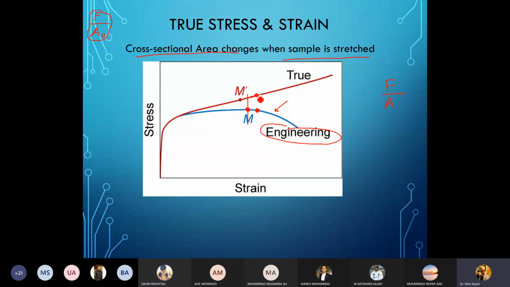If I actually look at the stress acting on the material, it is this stress. This stress, which is true stress, is calculated based on force divided by instantaneous area, or the area at this moment. Clear?